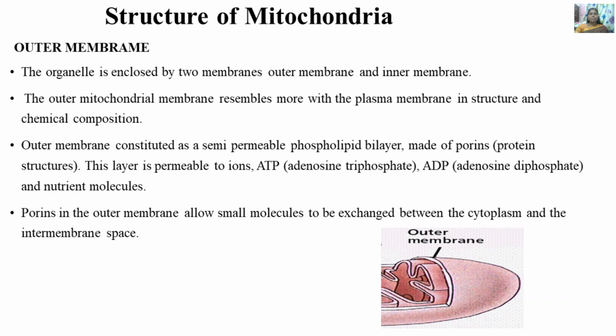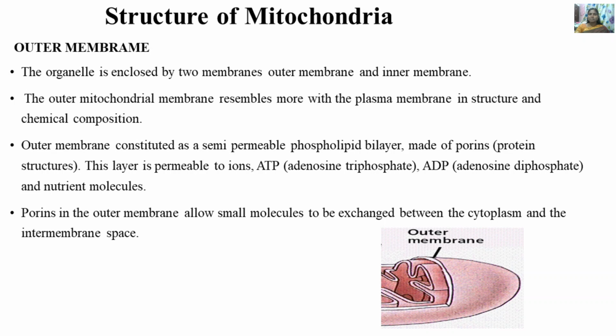Coming to the structure of mitochondria, we have the outer covering. It is called the outer membrane. The organelle is enclosed by two membranes, the outer membrane and inner membrane. The outer membrane resembles the plasma membrane in structure and chemical composition. The outer membrane is a semi-permeable phospholipid bilayer made up of porins.